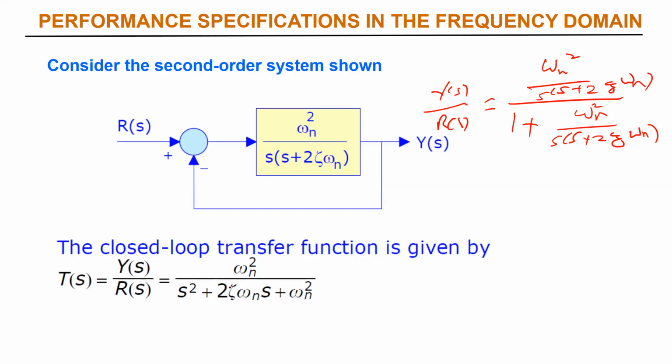What will be the magnitude of this one in the frequency domain? So basically, I'm looking for T of j omega, which is omega n squared over (j omega) squared plus 2 zeta omega n j omega plus omega n squared. We have to divide by omega n squared. Yes, we can.